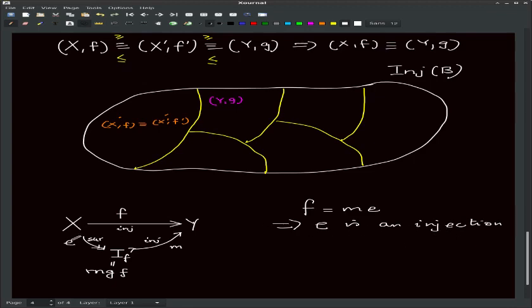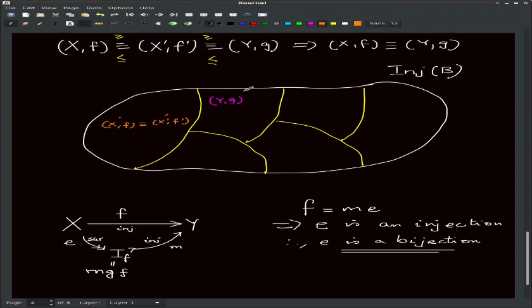E is an injection, but I had taken E to be a surjection, so therefore E is a bijection.